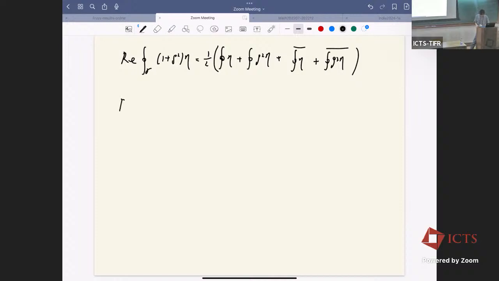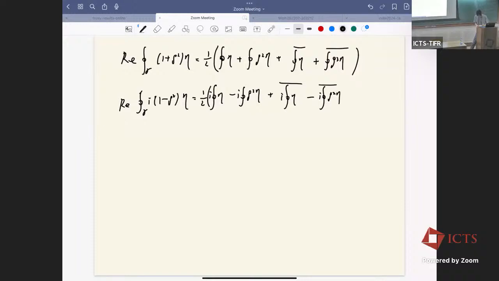And the second one is the integral of i times 1 minus g squared eta, equal to 1/2 of minus i eta plus i g squared eta, plus i eta bar minus i g squared eta bar.